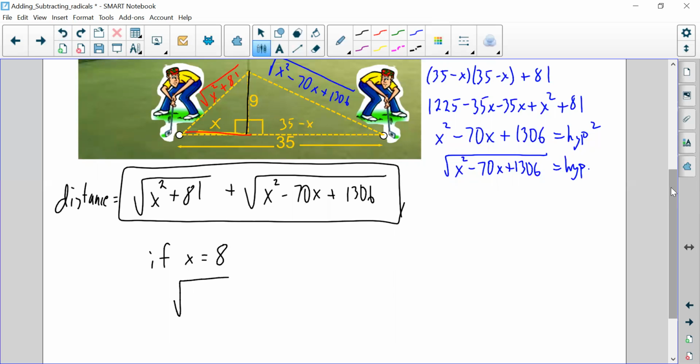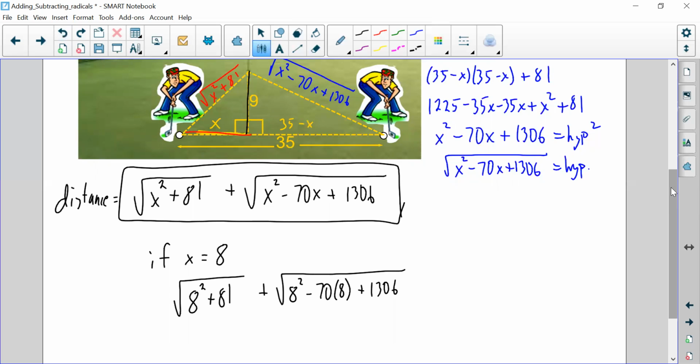This is just a matter of putting it into my calculator. Make sure you write this down so I know you're plugging in 8 into the correct spot, 70 times 8. And you put that into your calculator exactly as you see it.